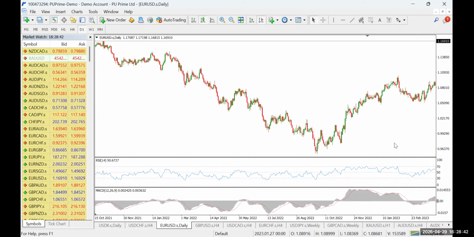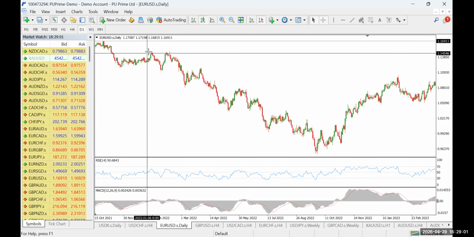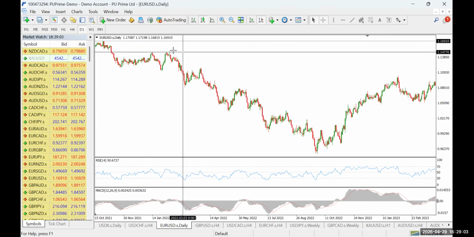Now, looking at the screen, Euro USD, this is the period when the war between Russia and Ukraine started in 2022. And we can see that a long-term trend was developed. The Russia-Ukraine attack happened, I think, early February 2022, thereabout, around this period on the chart.